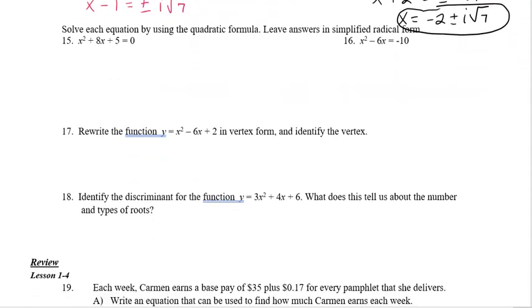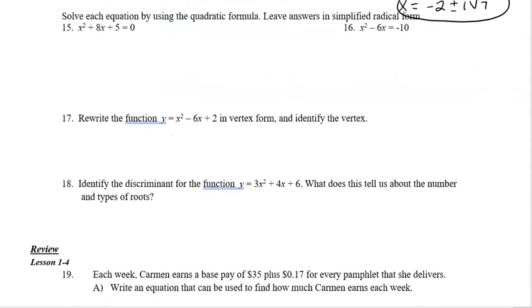15 and 16, you're going to need to know the quadratic formula. So let's just go ahead and show that. Opposite of b plus minus square root of b squared minus 4ac all over 2a.